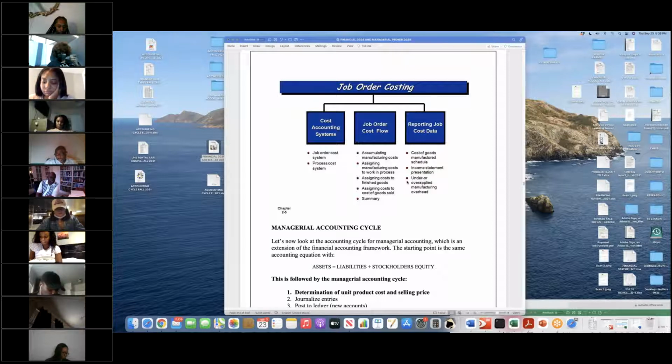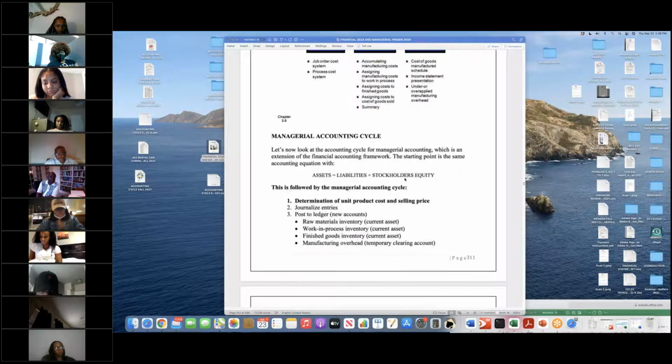When we look at managerial accounting, the big difference is that you got to make the product. Okay, there's a big difference. You got to make the product.